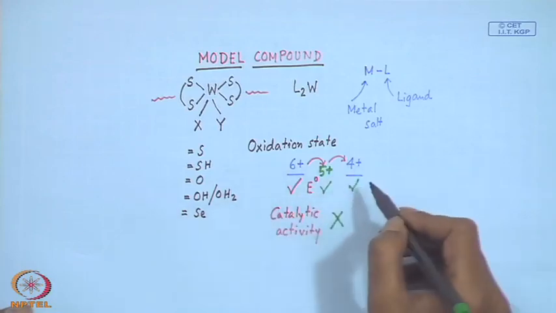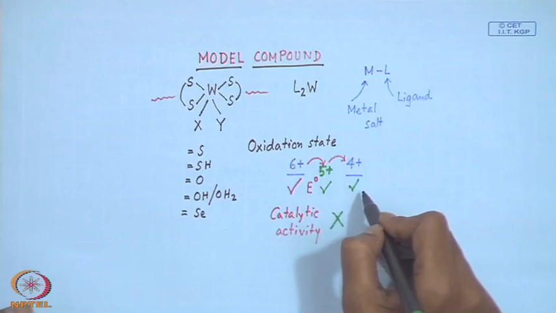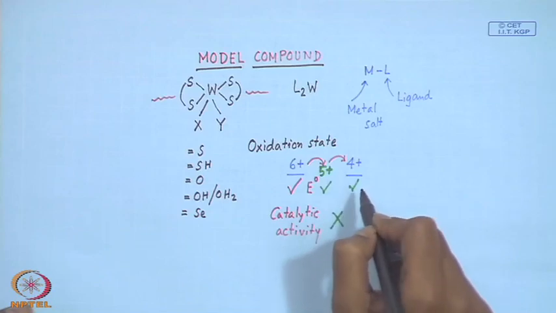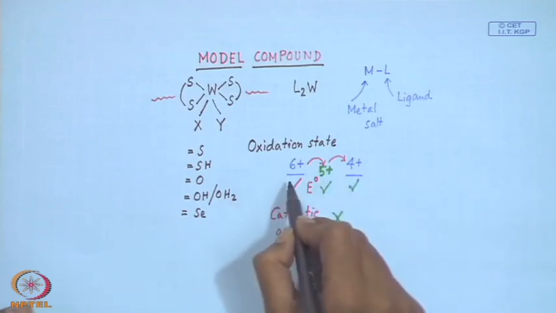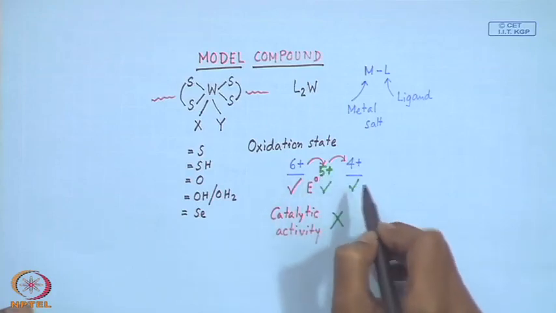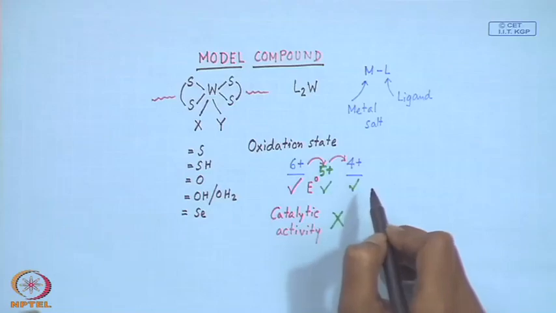If we simply take the hydration reaction of acetylene, we can see whether the tetravalent state is active for the generation of acetaldehyde from acetylene, or the hexavalent state is active for the acetylene hydration reaction to give the corresponding acetaldehyde.